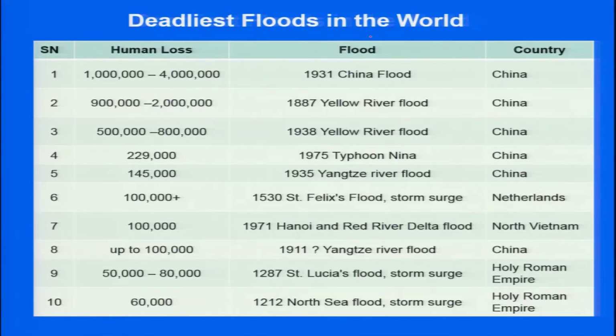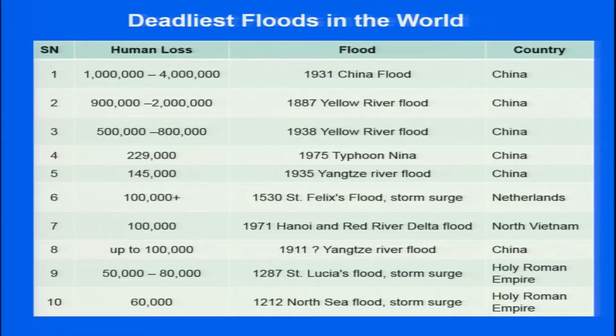These are a few of the deadliest floods in the world, which in terms of life have taken almost 1,000 or maybe 10 lakhs. Up to 4 lakh people were killed in 1931 in China, and so on, as you can see down the list.